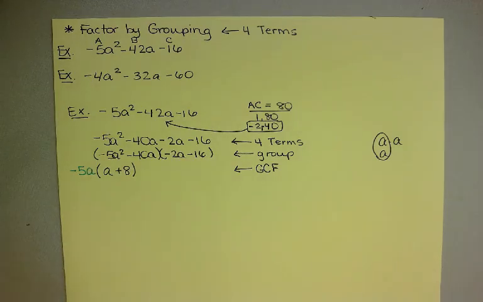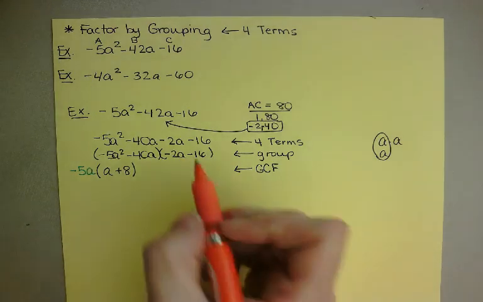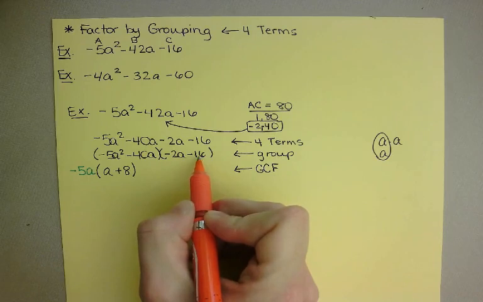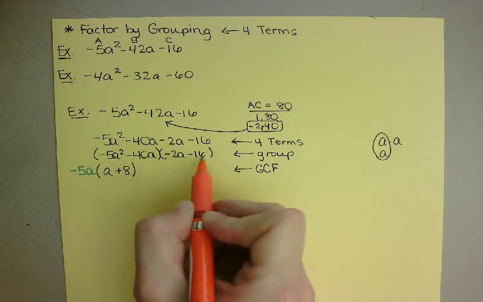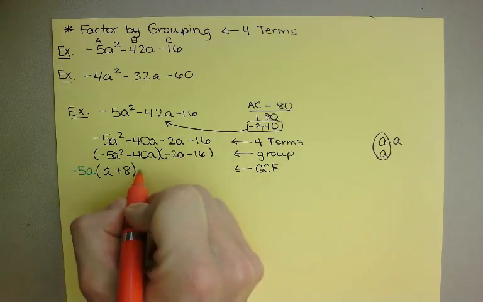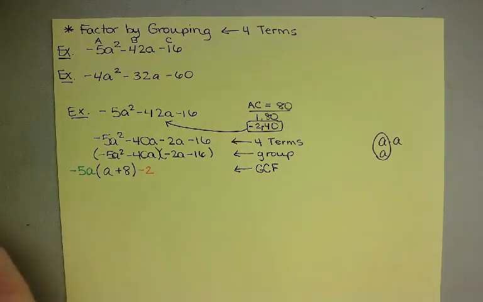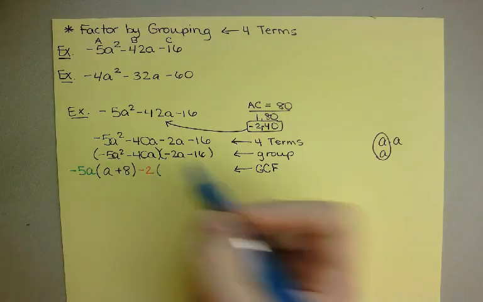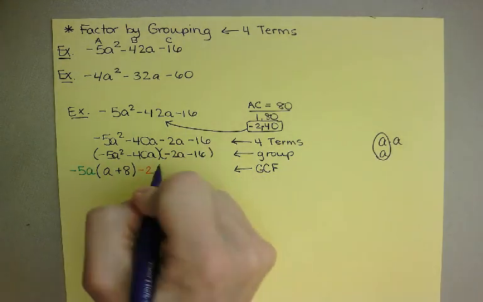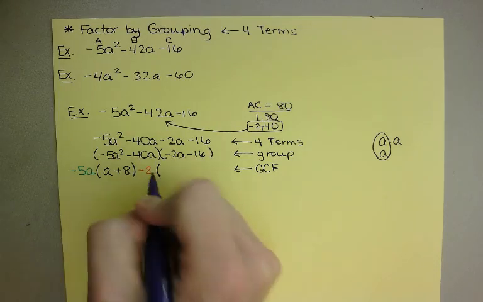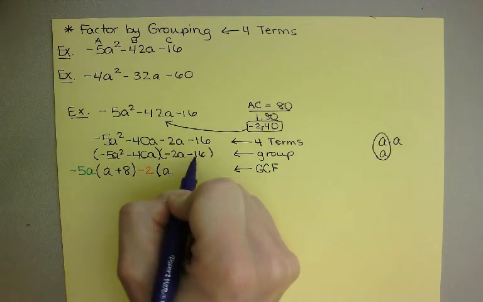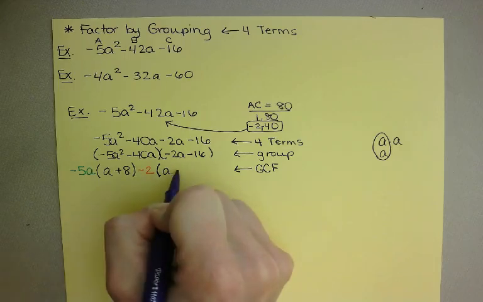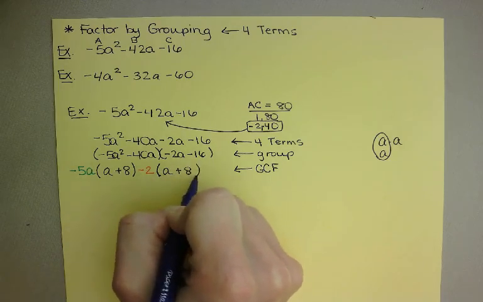What's the greatest common factor of negative 2a and negative 16? The largest number that they're both divisible by is a negative 2. What do I have left? Negative 2a, divide out the negative 2, I'm left with an a. Negative 16 divided by negative 2 is a positive 8.